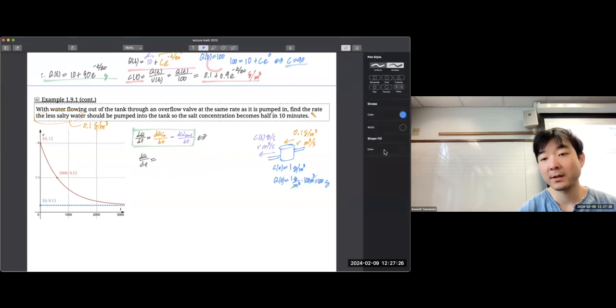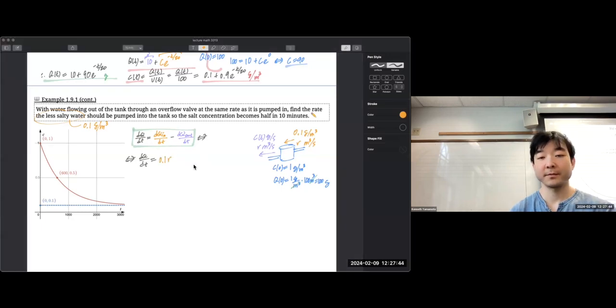So this is our differential equation. dQ/dt is the flow in. The flow in is 0.1 grams of concentration multiplied by a rate of R, minus your outflow, which is going to equal your concentration, C of t.